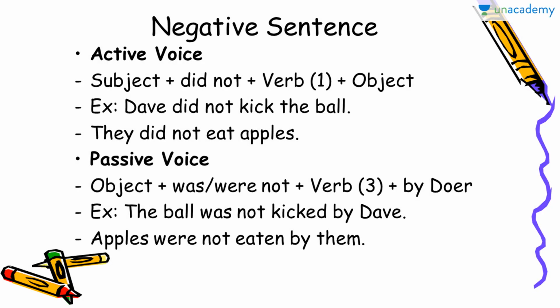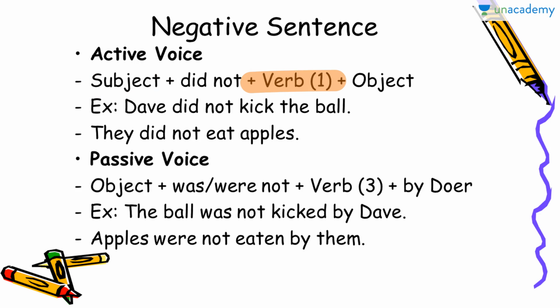Coming on to negative sentences, that means sentences which are talking about no or having the word not in them, denying something. In active voice, the sentence will start with the subject, the one who is doing the action. Then did not will be used. Then the first form of verb.